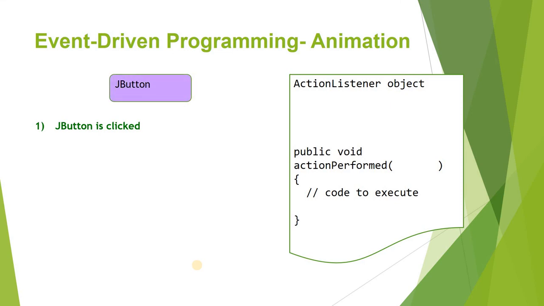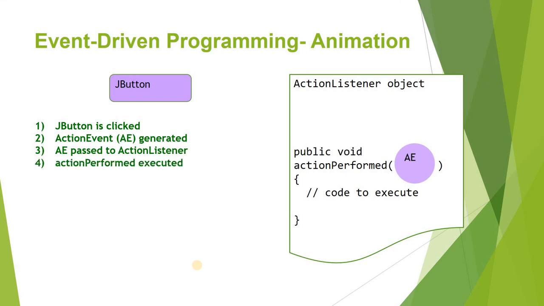All right, I have a little animation. So here's how this all works. You click a button, right? Once you click that button, an action event is generated. So JButtons throw an action event. That action event is sent to the actionPerformed method, which we are listening for, and buttons had to be registered using an action listener.